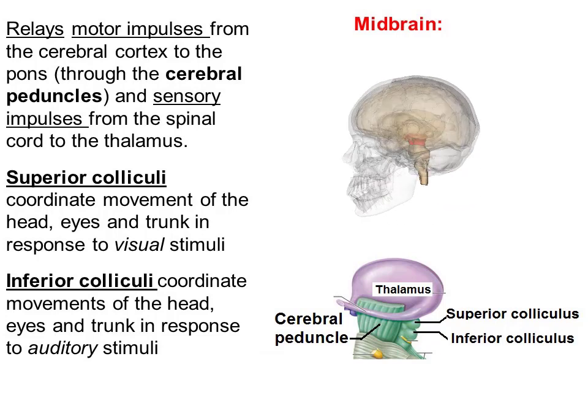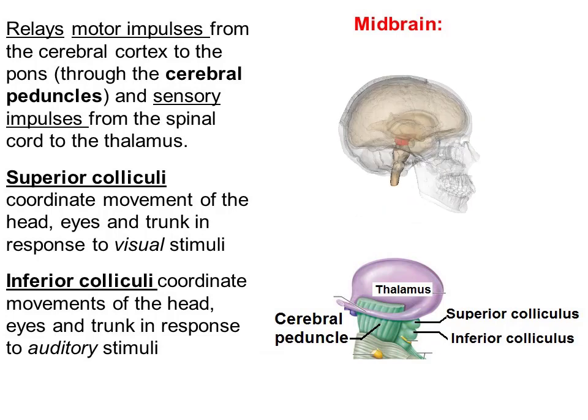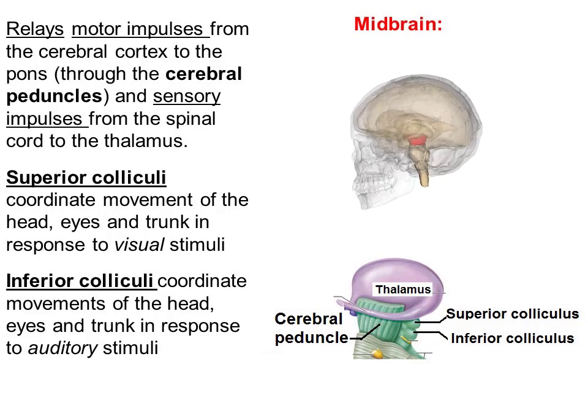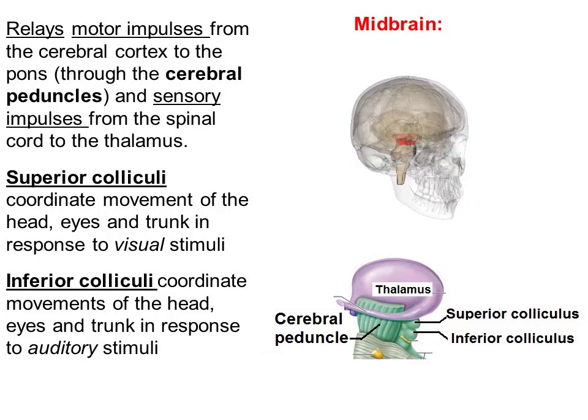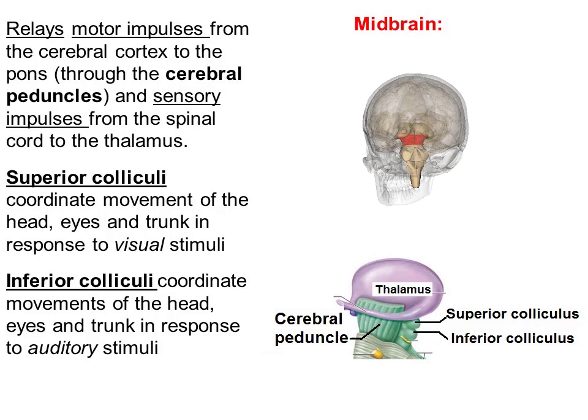These are going to be coordinating centers, almost like reflex centers for sensory information. You've got senses coming in and you're going to have motor output going out. Superior, because it's one of your most important senses, is visual information.